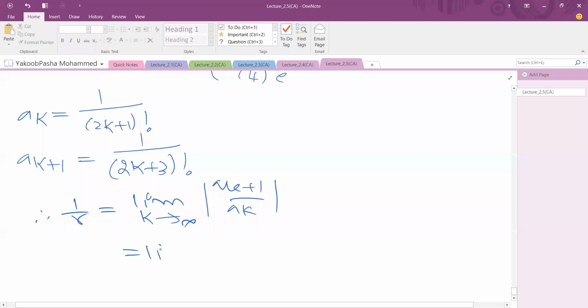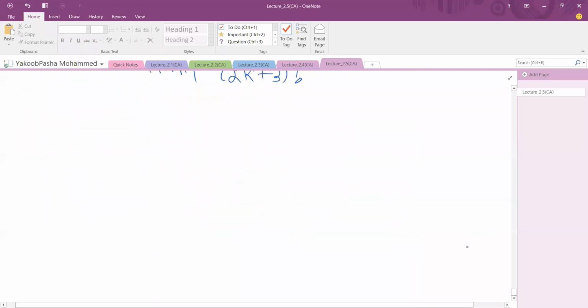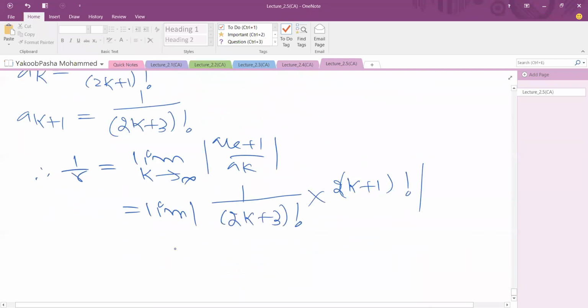That is limit of 1 by 2k plus 3 factorial times 2k plus 1 factorial.